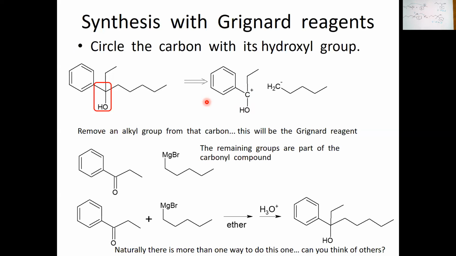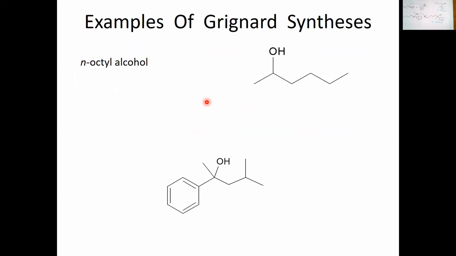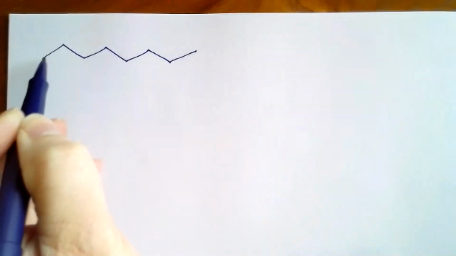Can you imagine other ways to do this very same reaction? I hope so. I hope you can imagine at least 2 more ways, and you're going to draw them out and send them to me. Let's go through a couple of other examples together. We will start out with n-octyl alcohol, octanol.